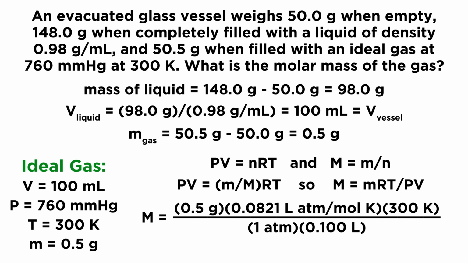So luckily 760 millimeters mercury, we should remember, is equal to 1 atmosphere. And then the volume is what we solved for earlier. We know that we have a 100 milliliter vessel. Again here, let's change to liters to match our gas constant. So that's 0.1 liters. So we plug that all into our calculator and we get 123 grams per mole as the molar mass of this gas.